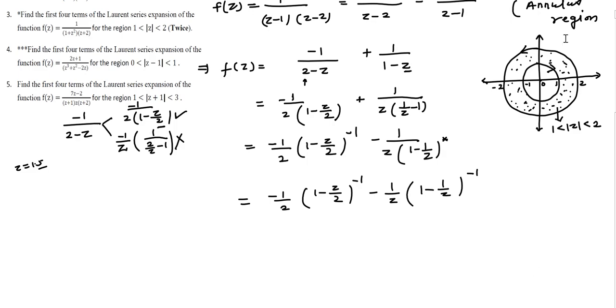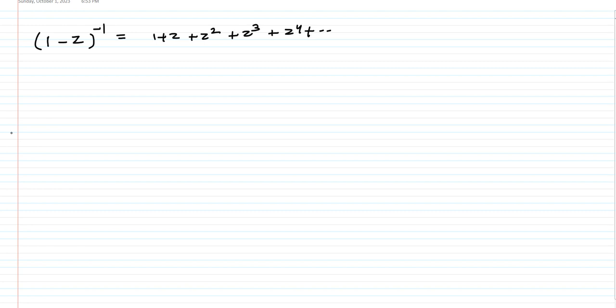But we know that (1 - z)^(-1) is equal to 1 + z + z^2 + z^3 + z^4 + ..., and this series is convergent for all |z| < 1.